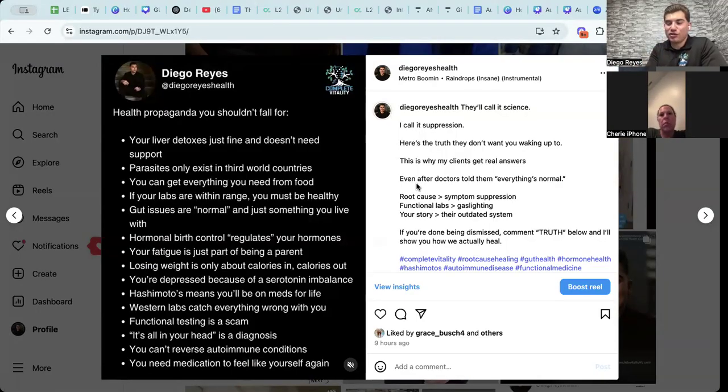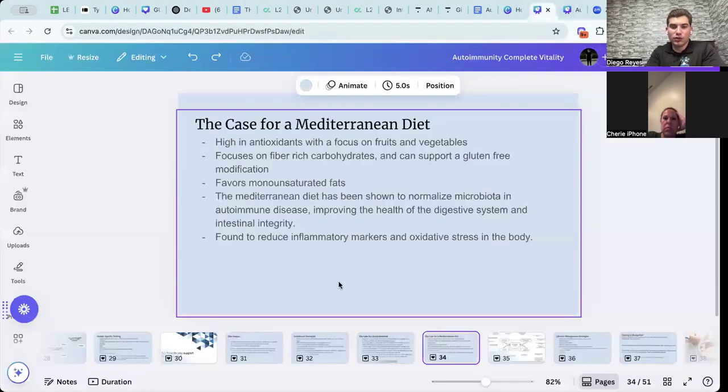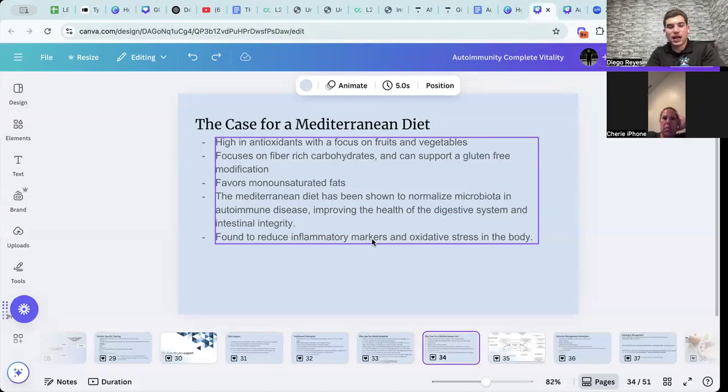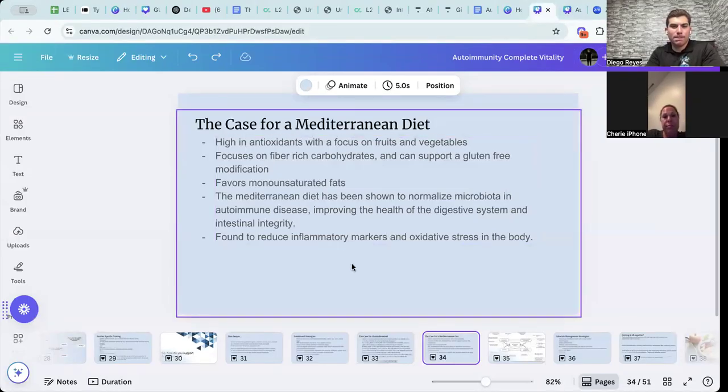That is health propaganda you should not fall for. Your doctor says, oh, you don't need any liver support, your liver does it all fine. Well, yeah, probably back in 1948, but in today's environment, 2025, it cannot do it on its own. We've been invaded with toxins everywhere.